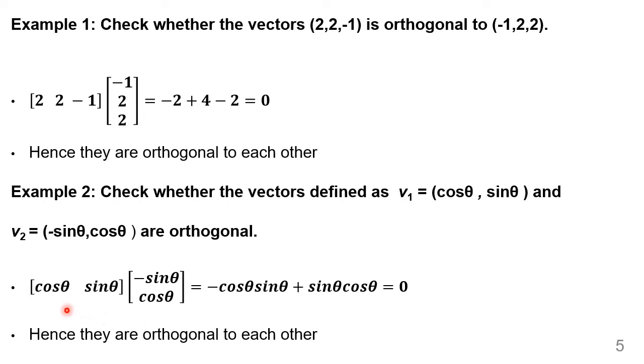So cos theta, sin theta multiplied by minus sin theta, cos theta. That gives us cos theta into minus sin theta, which gives minus cos theta sin theta. It has to be added to sin theta into cos theta. So when you add these two, it will be equal to 0, which means that these two vectors v1 and v2 are orthogonal to each other.